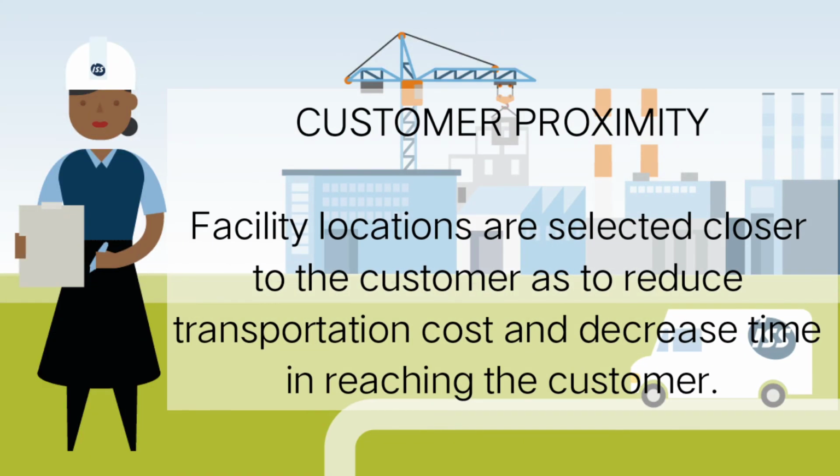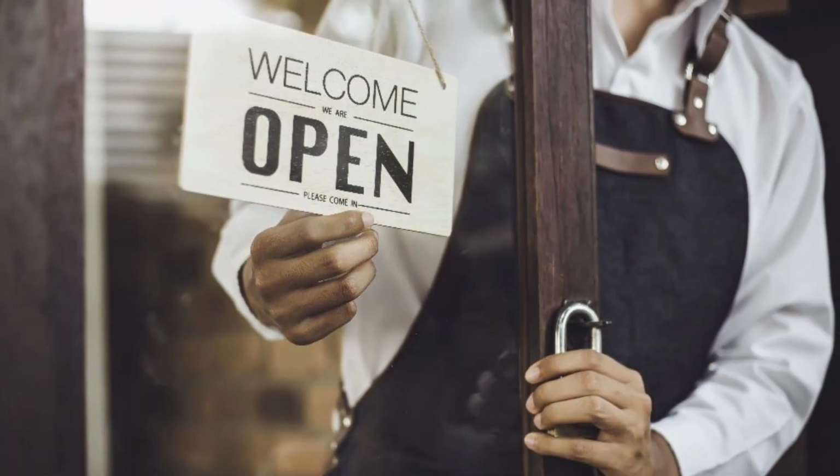Customer proximity. Facility locations are selected closer to the customer so as to reduce transportation cost and decrease time in reaching the customer. Ayan, napaka-importante na i-consider natin yung ating customer sa pagpili ng right location ng ating business or company kasi dapat nakafocus tayo sa pangangailangan ng ating customer.